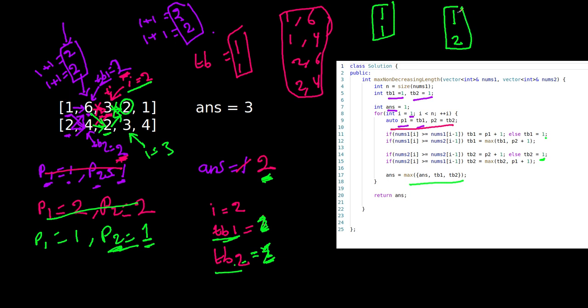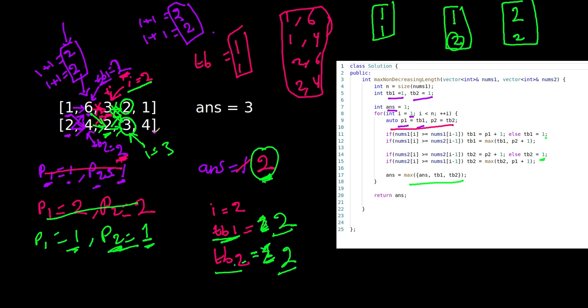The maximum of these is 2, so tb1 is 2. For tb2, from 3 to 3, 3 equals 3, and p1 equal 1, so 1 plus 1 is 2. From 2 also we can go to 3. The p2 is 1. 1 plus 1 is 2. The maximum of these is 2, so we have 2. Now the maximum of 2 and 2 and the answer is still 2.